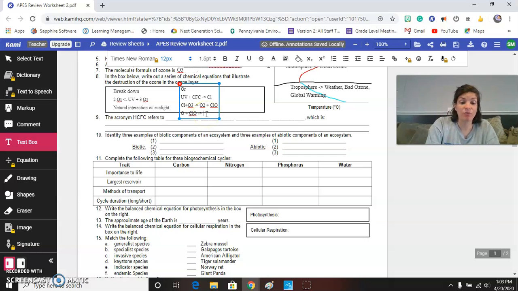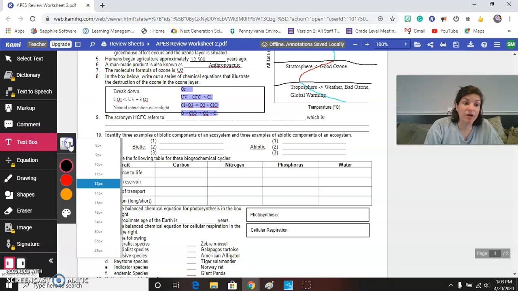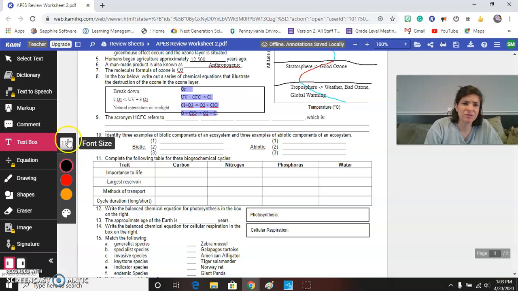And then you're left with O2, the oxygen that we breathe, plus another chlorine, which means now it's free to go and rip up other ozones. Hopefully that makes sense.